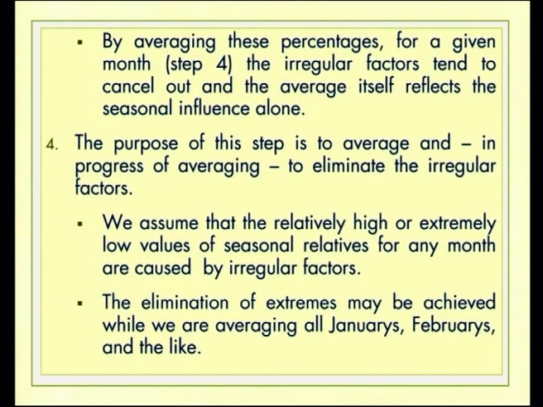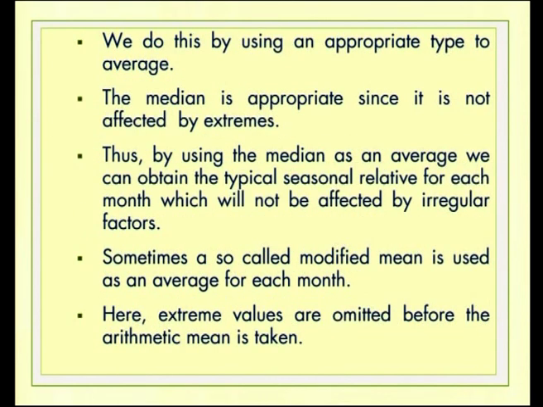The elimination of extremes may be achieved while we are averaging, like Januarys for the years mentioned, similarly Februarys for the years mentioned, and the like. We do this by using an appropriate type of average. The median is appropriate, that is why it is centered. Center values are always called median values. So, the median is appropriate since it is not affected by extremes.